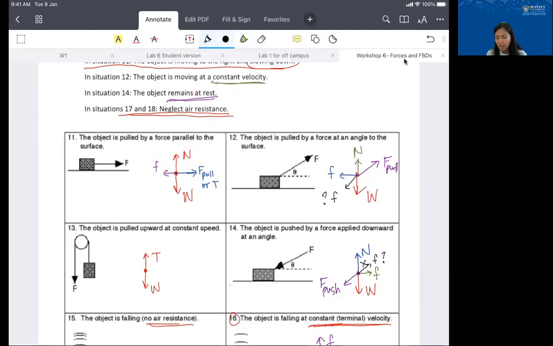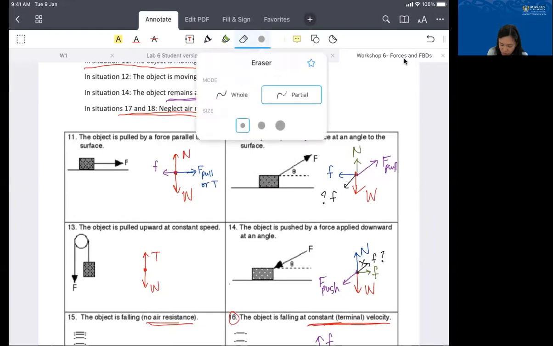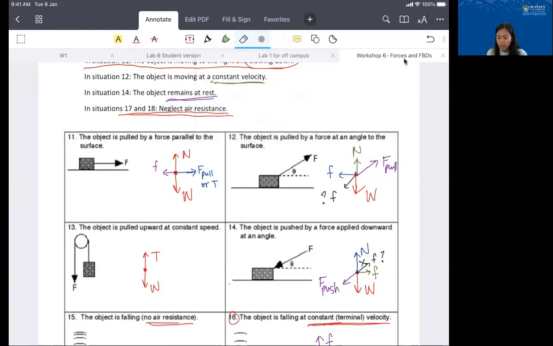We will see that in the next lecture as well. Let me just erase this wrong one. It's not allowing me to erase, but the correct free body diagram will be the frictional force in blue, not the frictional force in black, and we'll see why in the next lecture.